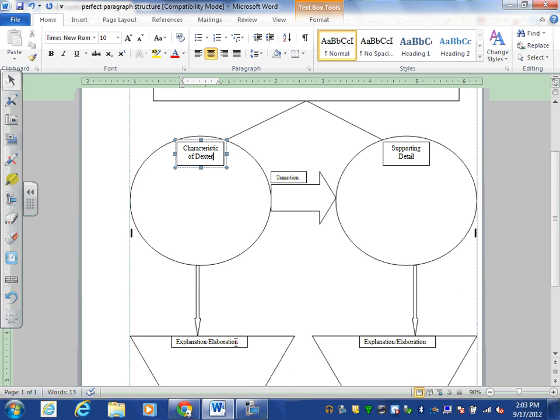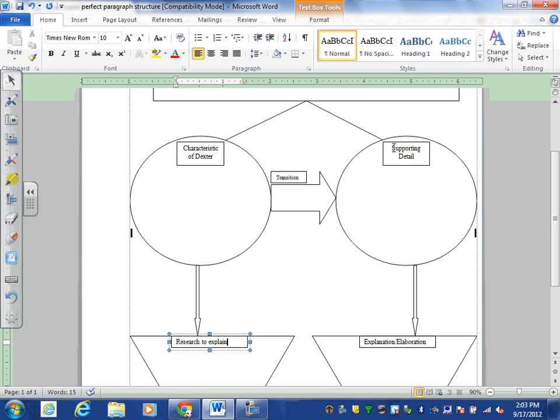And then you're going to explain or elaborate with research. So this is where your research would come in. Research to explain. You're going to be explaining how this is a characteristic of a serial killer. Does this make sense? Using the research from your Wall Wisher or your worded out activity.